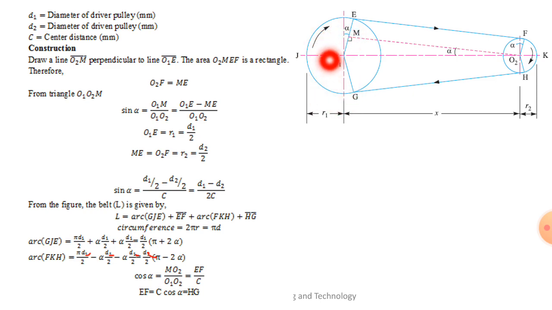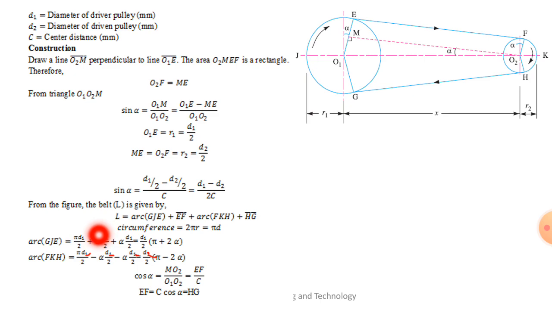You can see from the diagram, O1E and O1G, that is after 180 degrees. The angle from here to here is 180 degrees. Next we have to add alpha plus alpha. So that's why I will write it separately. I will make three parts.